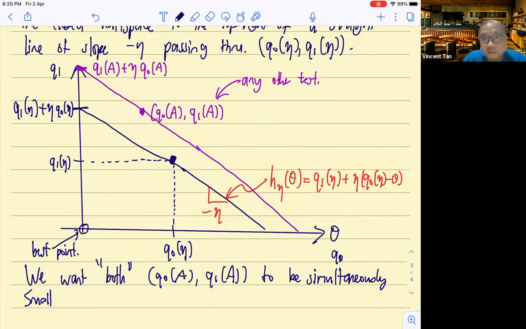But we cannot achieve this if our distributions are not separated. For example, if you have two Gaussians that overlap, then this is impossible to happen because the Gaussian has infinite support.